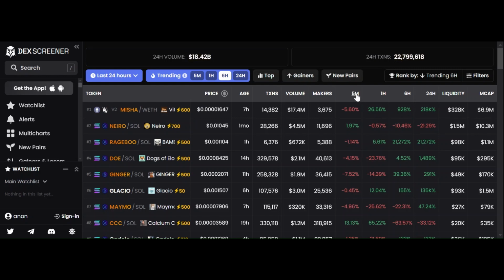We have the 5 minutes price change, 1 hour price change, 6 hour price change, 24 hours price change, the amount of liquidity, and then the market cap. Now, if you look here, you can see that these values are changing, and that's because the oracle keeps updating them.